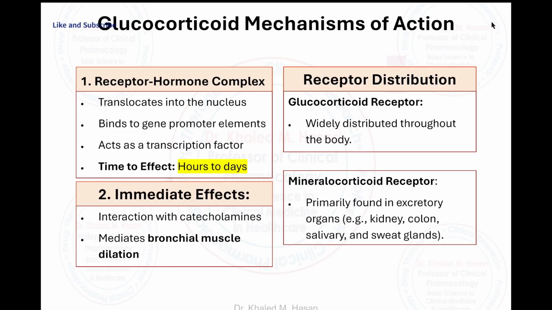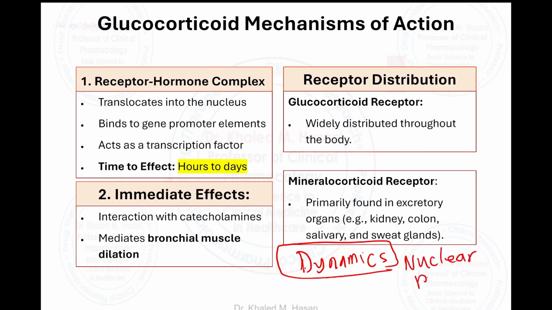Okay, moving to how this medication works. Corticosteroid mechanism of action is related to the hormone. Here we are talking about steroid hormone, and we already covered this one. I refer you to the pharmacodynamics slide, the first lecture in pharmacology, to show you the nuclear receptor.